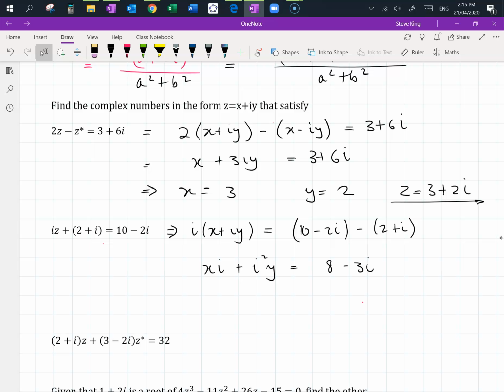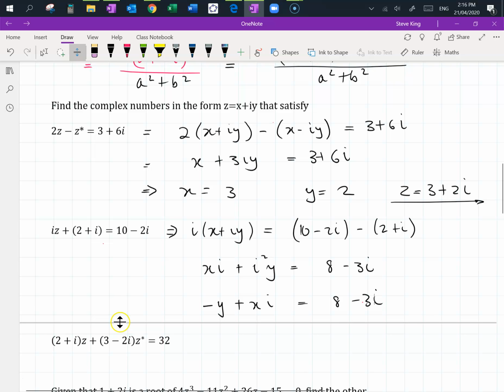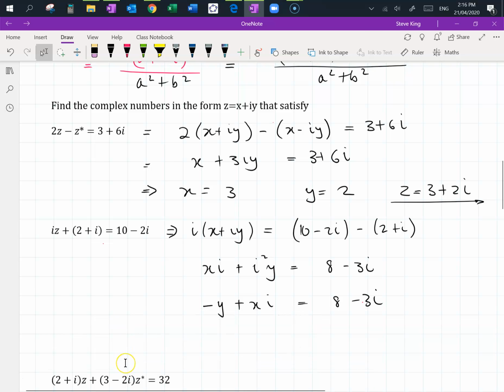Now, if I look at the left-hand side, I've got this i squared again, which we've seen before is equal to minus 1. So I have in fact here got minus y plus xi is equal to 8 minus 3i. Now I've written it in that format because normally with a complex number we have the real part first and the imaginary part second.